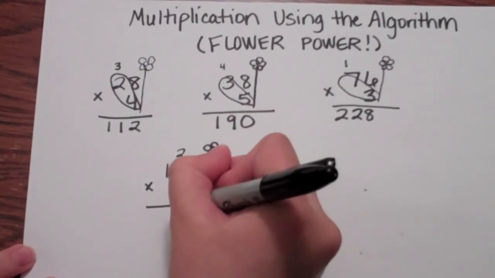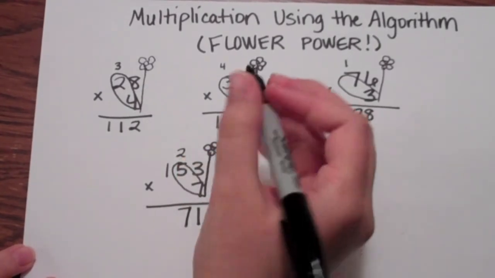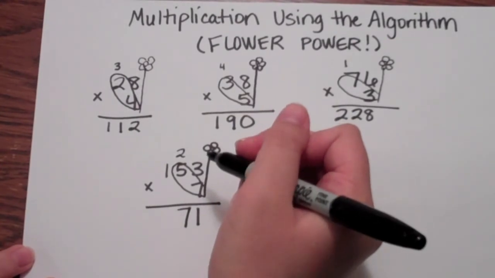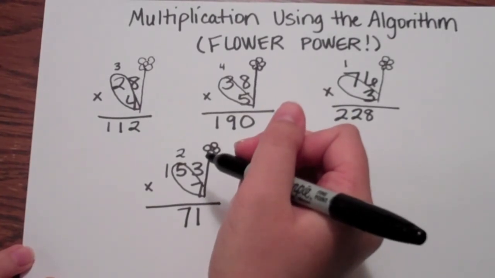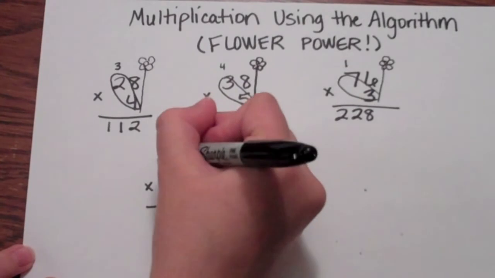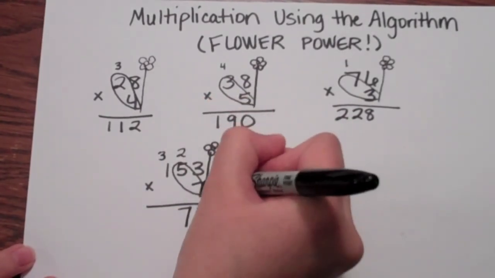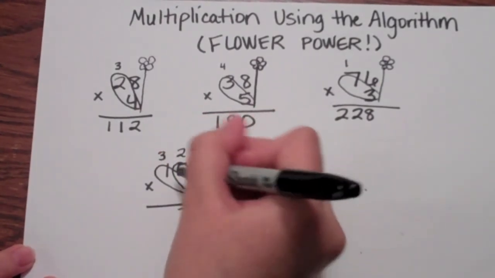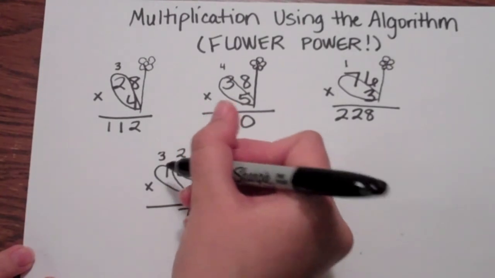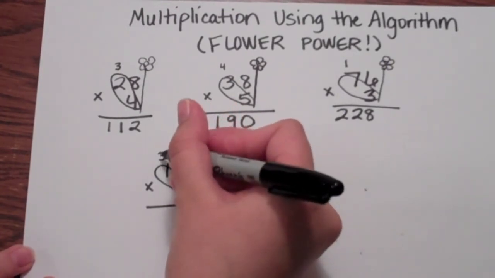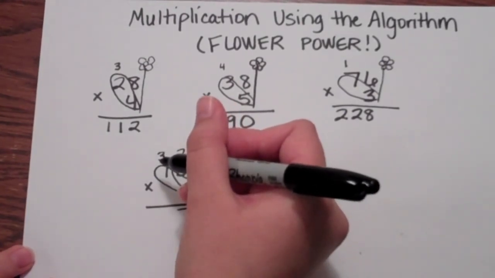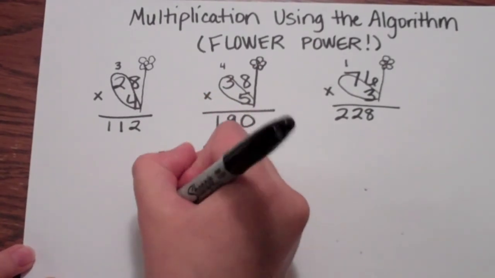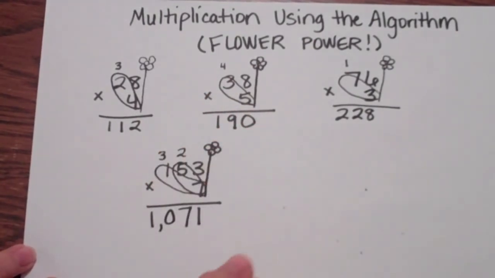So I'll have to put my 7 tens down and carry my 30 tens, which is the same as 300, to the hundreds place. Now I just need to add one more leaf. 7 times 100 is 700, plus 300 is 1,000. My product is 1,071.